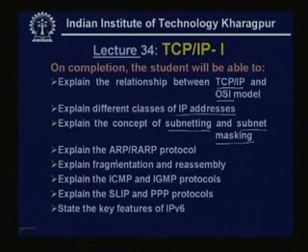They will be able to explain address resolution protocol and reverse address resolution protocol, ARP and RARP, and fragmentation and reassembly that is necessary while doing Internetworking. They will be able to explain ICMP and IGMP protocols and how they are used in conjunction with the IP protocol.